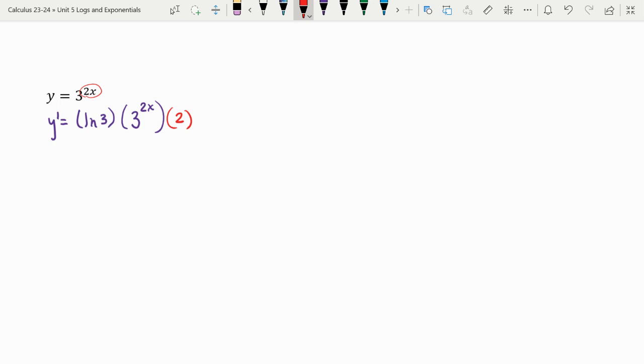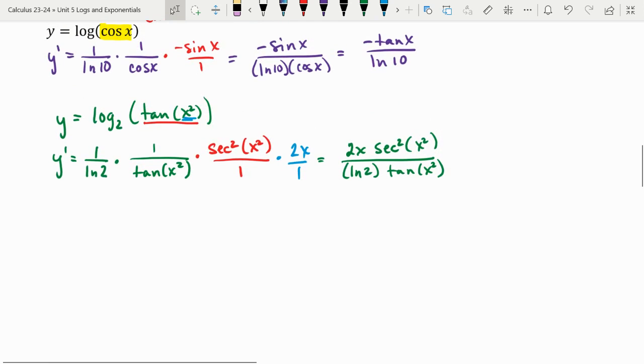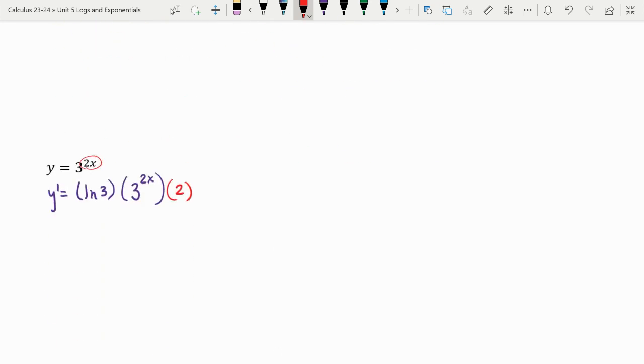Now it should make sense that when I have a log base 2 that is brought down, the base is written below, that our conversion is also written below so that we have a fraction. When I have an exponential, then I should see the natural log of the base not in a fraction. If that helps with you seeing it that way.